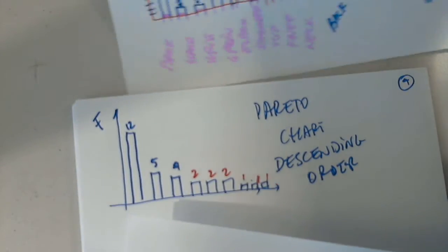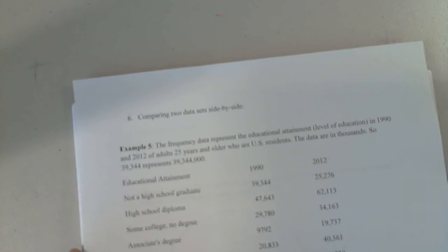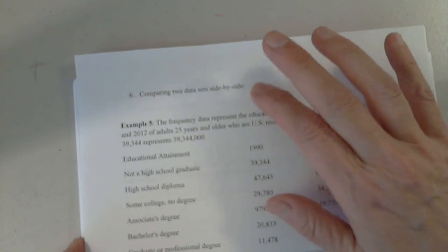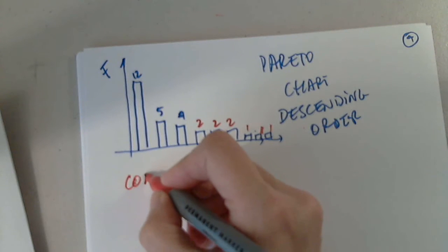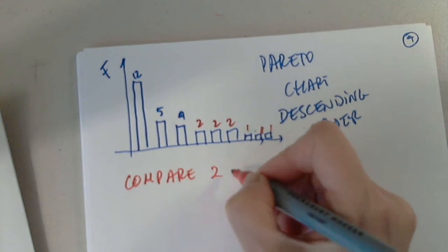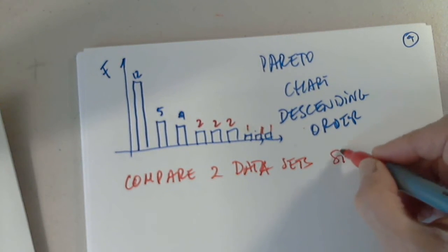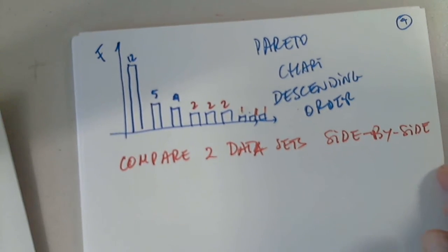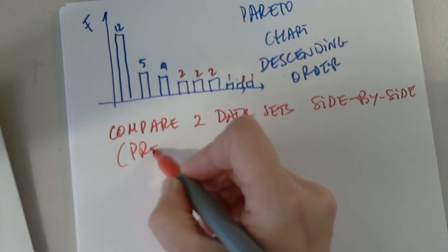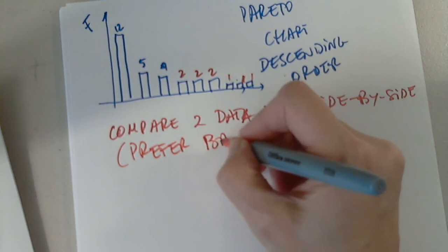This time we want to compare 2 data sets side by side. When we want to compare 2 data sets side by side, we prefer the bar chart, because that's what it works for.